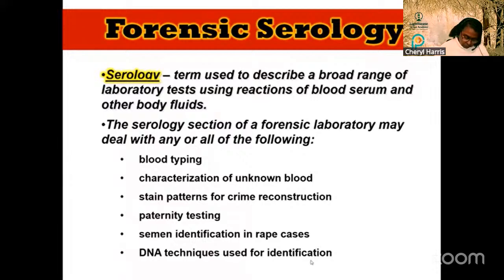You can have an area that specializes in blood typing, an area that characterizes unknown blood, an area that looks specifically at spatter patterns or blood stain patterns, and they do an analysis or crime scene reconstruction. You can have a division for paternity testing and then semen identification in rape cases. And then, of course, you can have just strictly DNA identification.